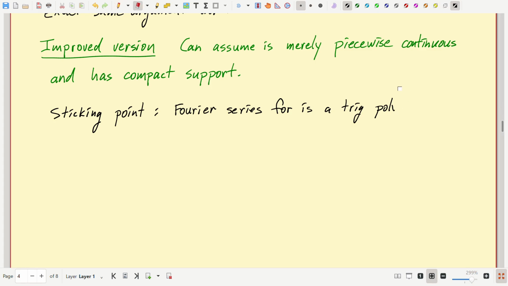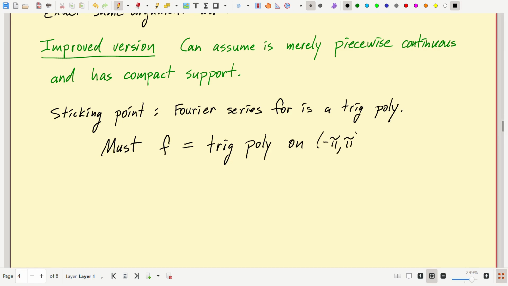Does that mean that f is a trig polynomial? Must f equal a trig polynomial on the interval from minus pi to pi? The answer turns out to be yes, and we've kind of thought about this before.